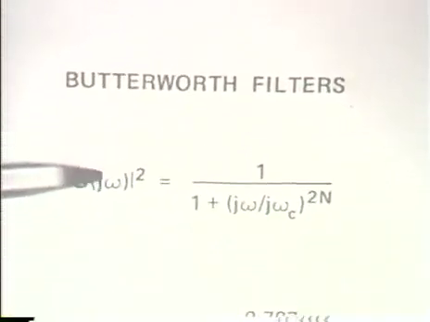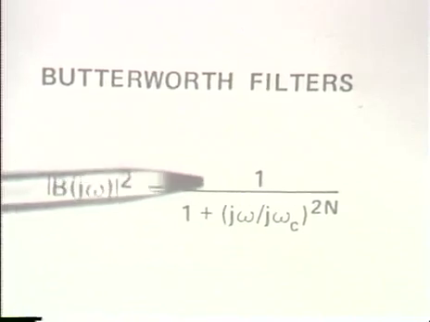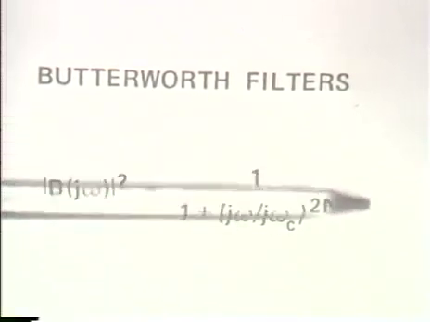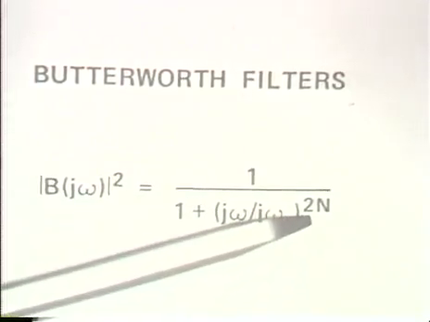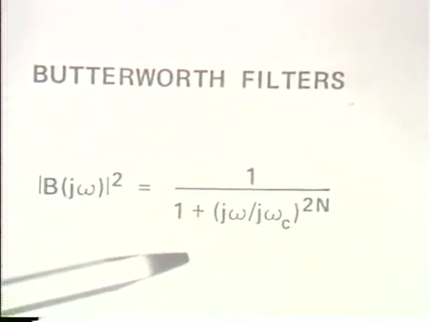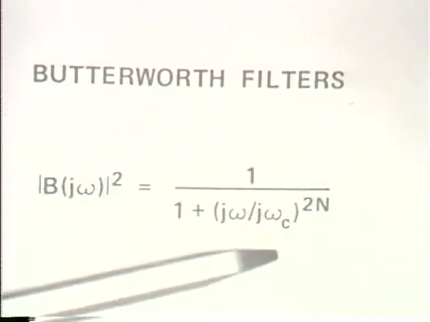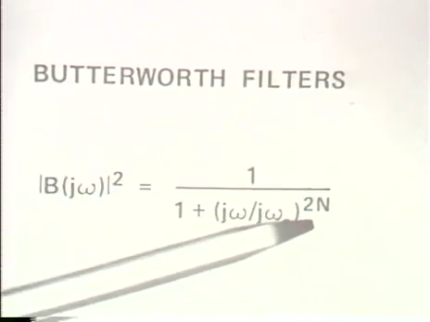By definition, the magnitude squared of the frequency response of a Butterworth filter is given by this expression. For example, if N were equal to 1, then this would simply correspond to the magnitude squared of the frequency response for a first-order differential equation.